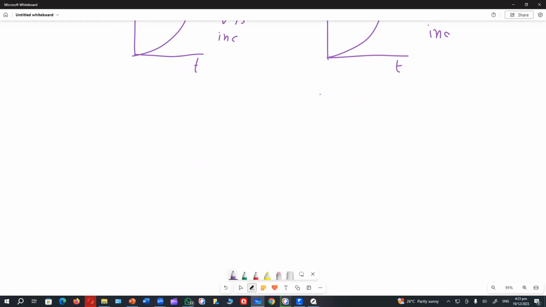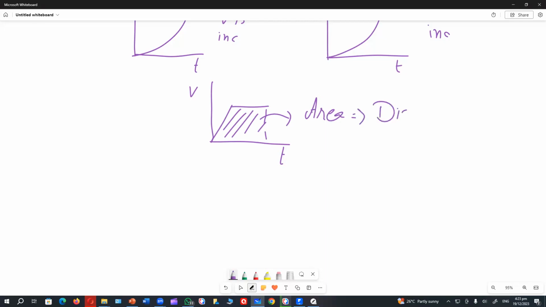And when you talk about area, look, area is always the shape. For example, this is a trapezium. When you find this area using trigonometry or maths mensuration, the area will show distance in this case.